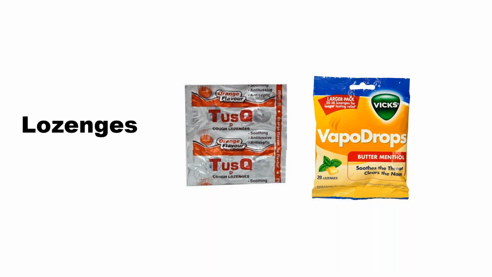For effective use of these lozenges, we need to advise the patient that these lozenges should be sucked and are not meant for chewing. So they should be sucked slowly in the mouth over a period of time.